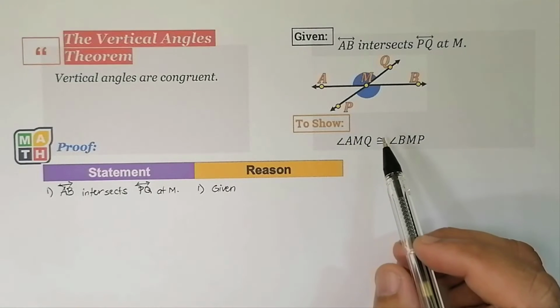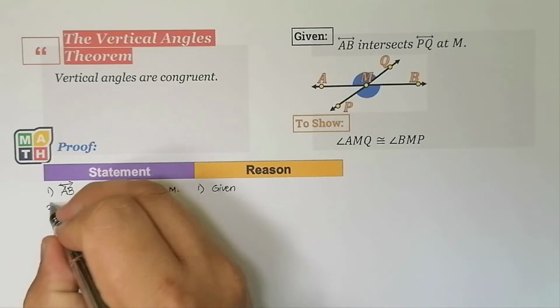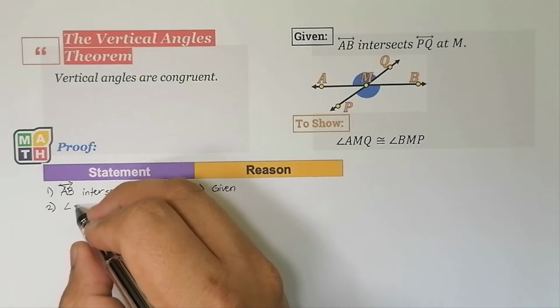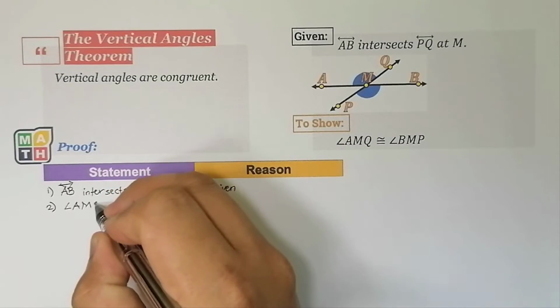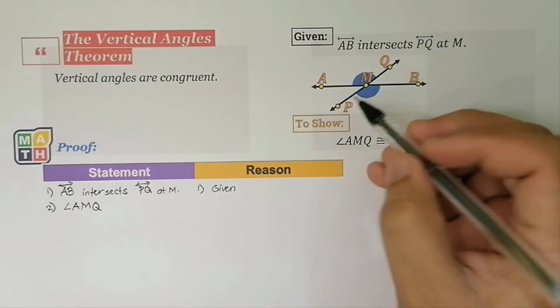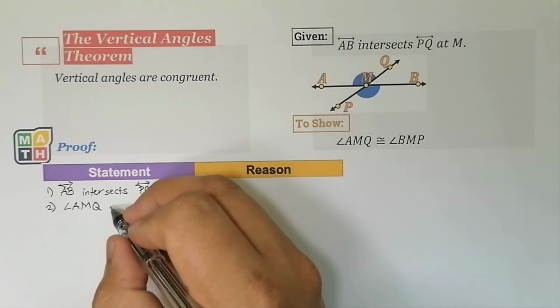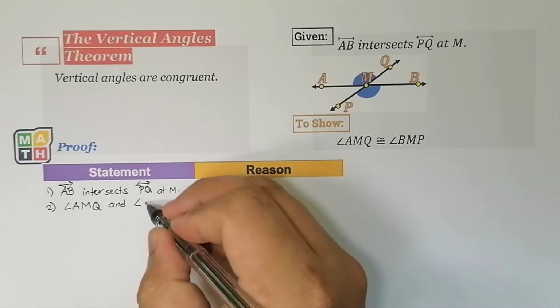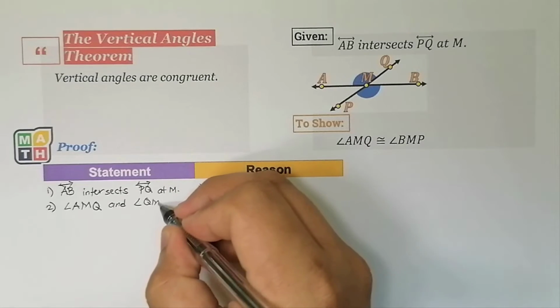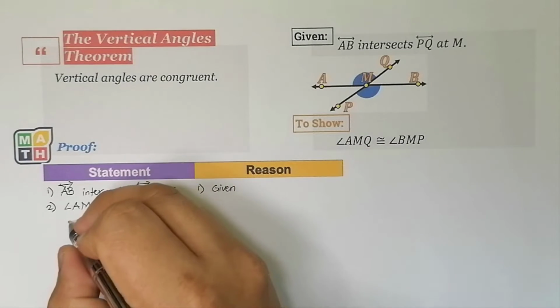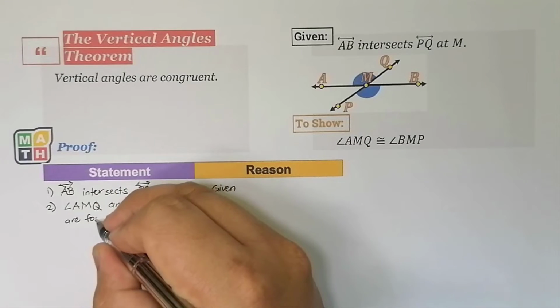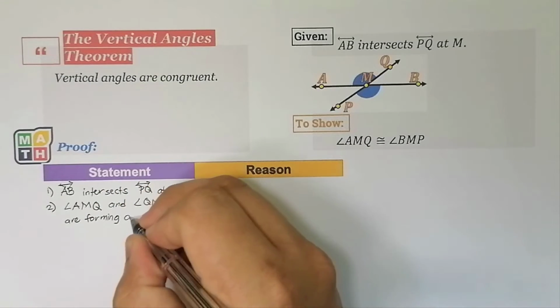And for this situation, we can actually declare that angle AMQ, this angle here, and the other angle, angle QMB, are forming a linear pair.